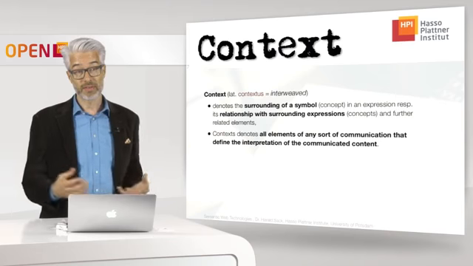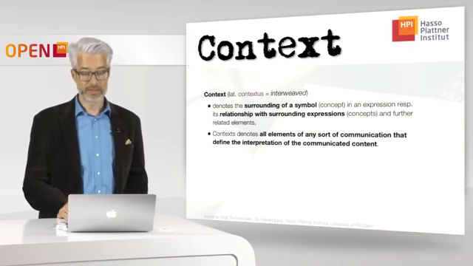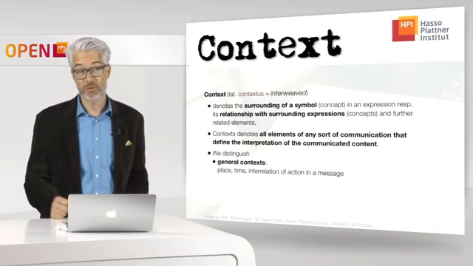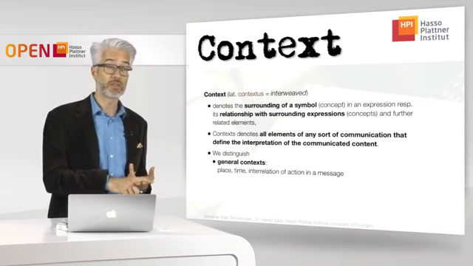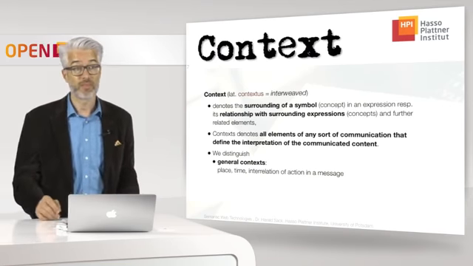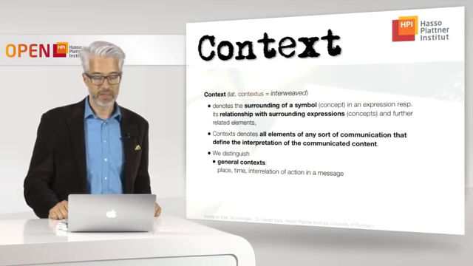So everything that is required to understand the content is part of the context. And usually we distinguish two different parts of context. One is the so-called general context, and this refers to the place and the time where the message has been stated, and its interrelation of action in a message.